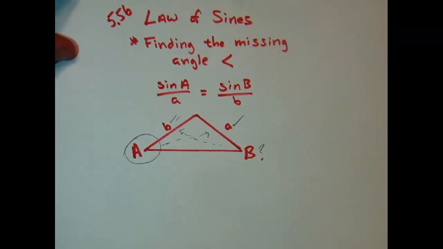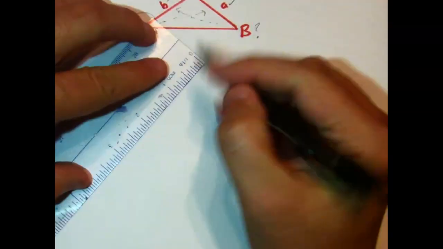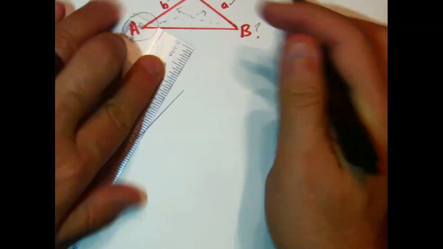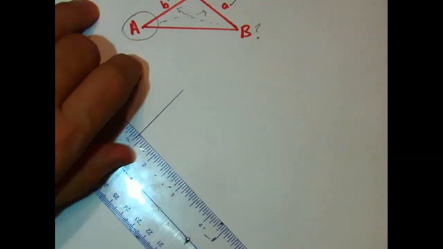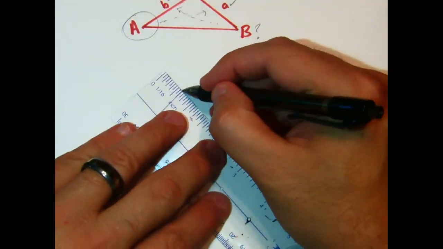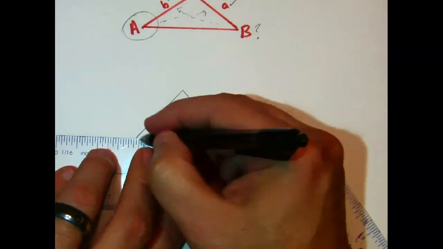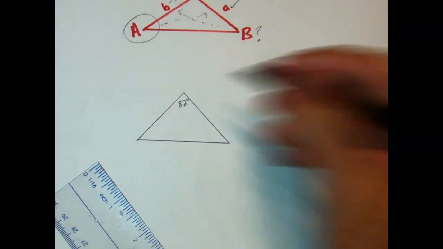So example number 1. Let's take, say, an acute triangle. It could be obtuse. In this case, we got 82 degrees.